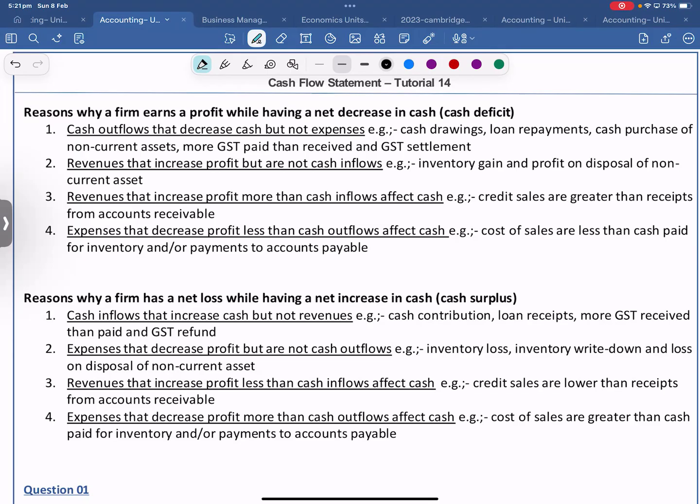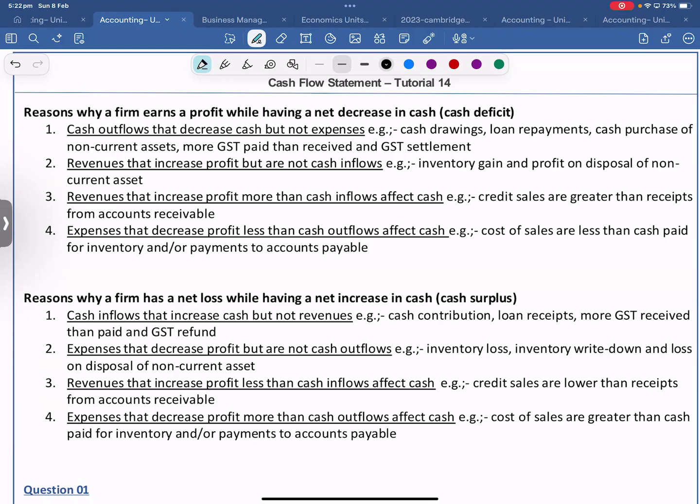Maybe I have included it, I didn't see that. Second, depreciation I didn't include. So basically those are the two. Technically, everything is there. Any questions, guys, with this one?